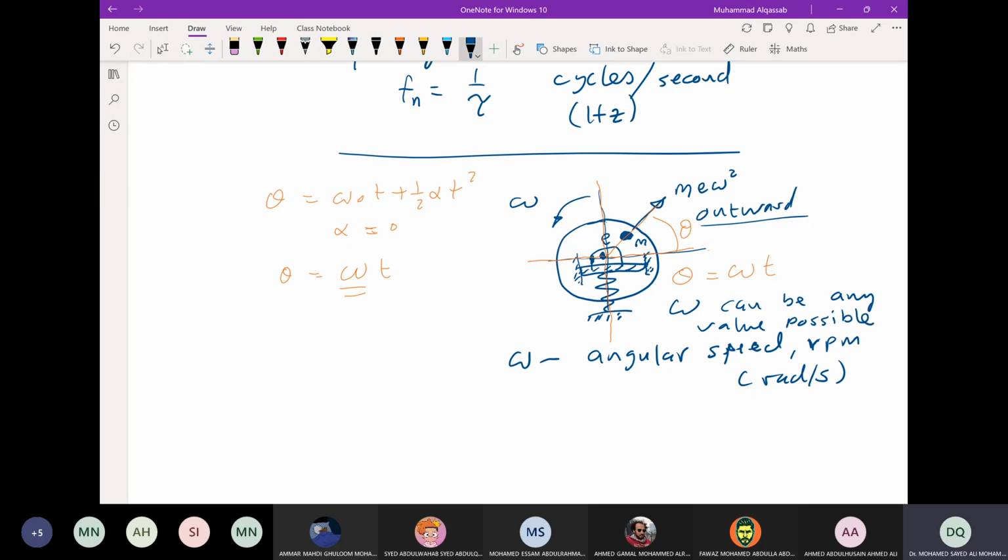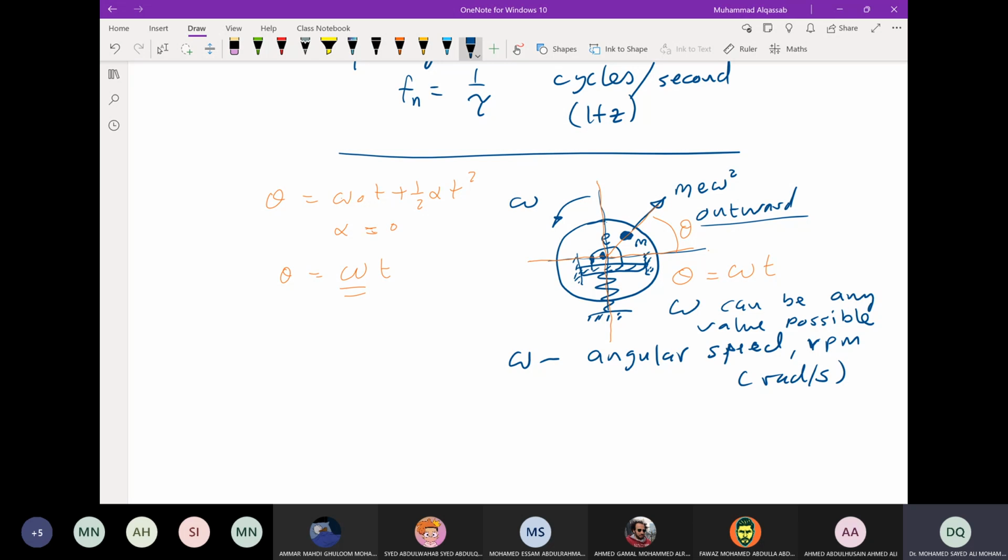Let's say 10 RPM, or 100 RPM, or 1000 RPM, or 3000 RPM. It can be any value, which can be controlled.